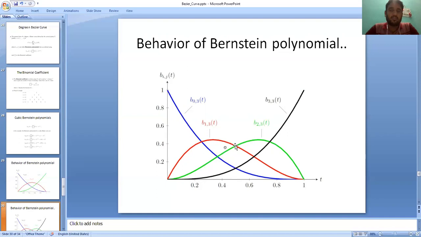Because when there are 4 points and the point is in between, obviously this point is nearer to the second and third. So the contribution of the second and third polynomial will be more, but the first and fourth polynomial will be less. So this is the behavior of the Bernstein polynomial.